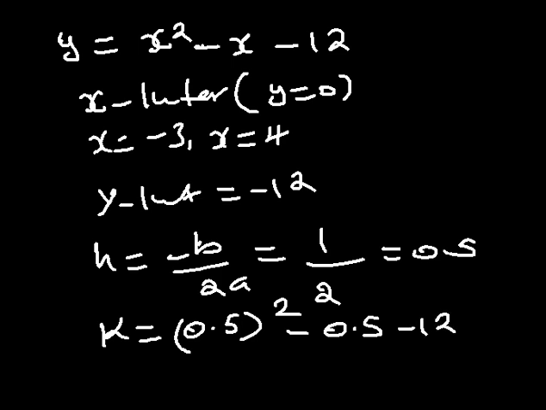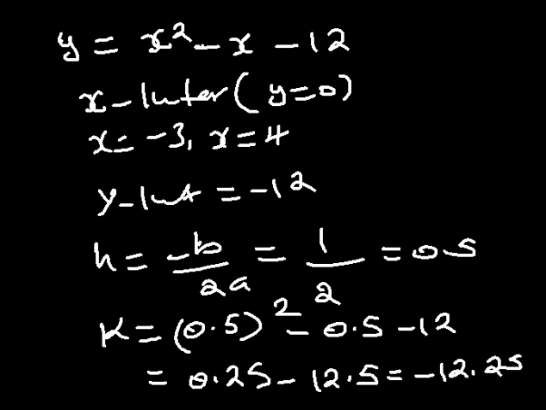In that case we'll have 0.25 minus 12.5. So 0.25 minus 12.5, of course, is negative 12.25. That is the value of k at the turning point.